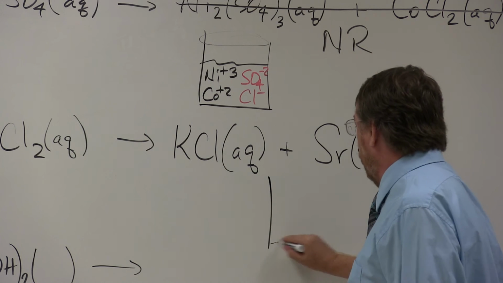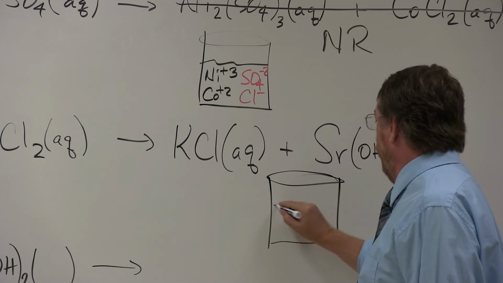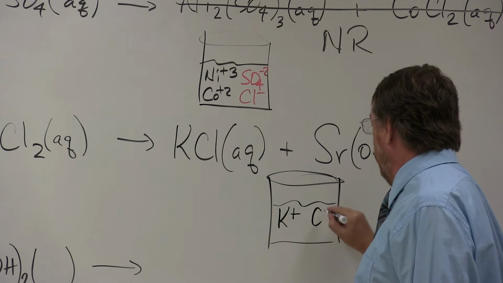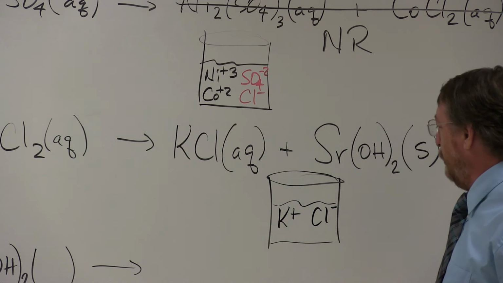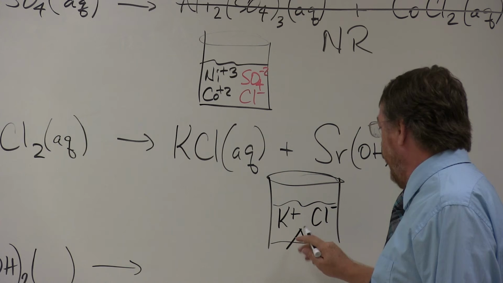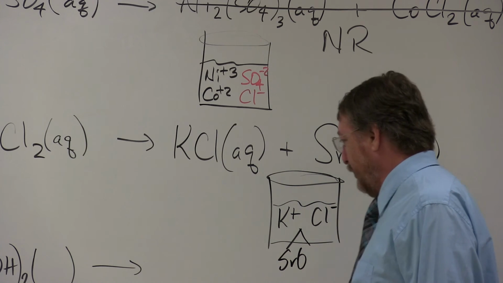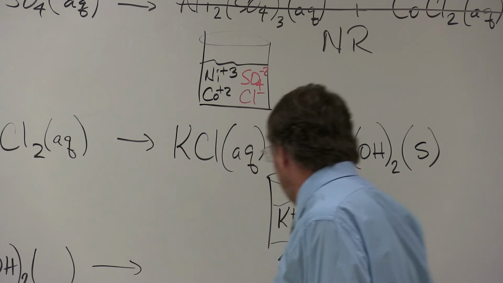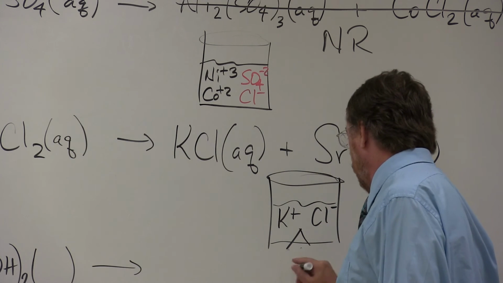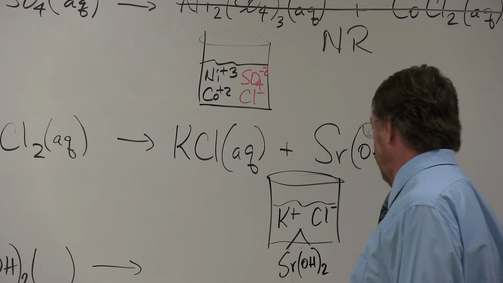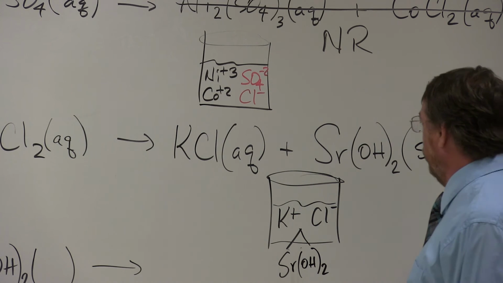So as we come back over here now, we have potassium and chloride floating around, but we do not have strontium and hydroxide floating around. We have solid strontium hydroxide.